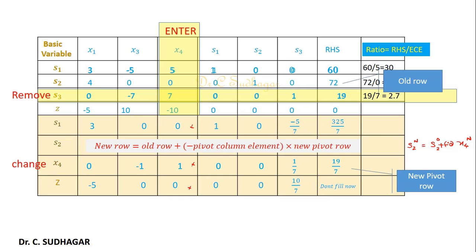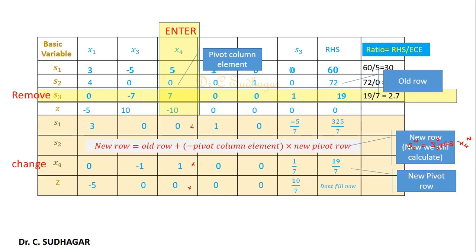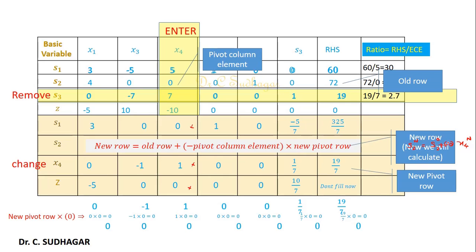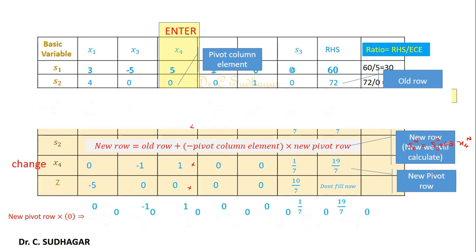So this is our old row. Now let us calculate this row. Therefore, take the values from here. So that row we have taken: 0, minus 1, 1, 0, 1 by 7, 19 by 7, multiply this with 0. When you are multiplying with 0, everything will become 0 for us. Now take the values and put them to old S2.